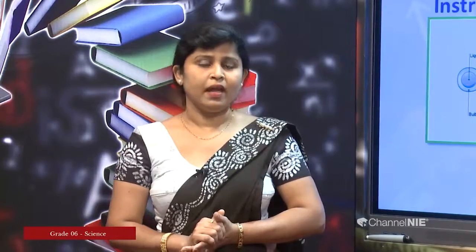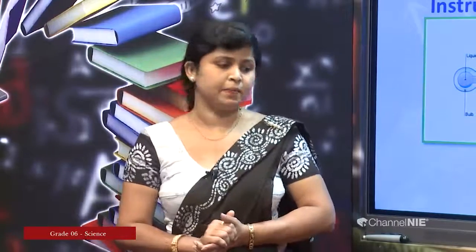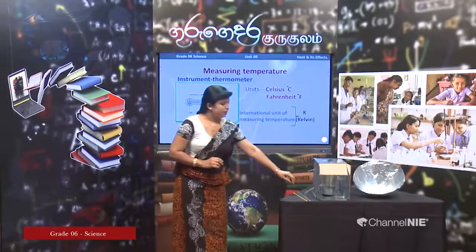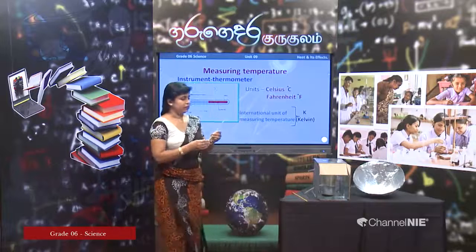They are the mercury thermometer and the alcohol thermometer. The difference between these two is that the alcohol thermometer contains alcohol and the mercury thermometer contains mercury. That is the difference. Firstly, let us observe the mercury thermometer.